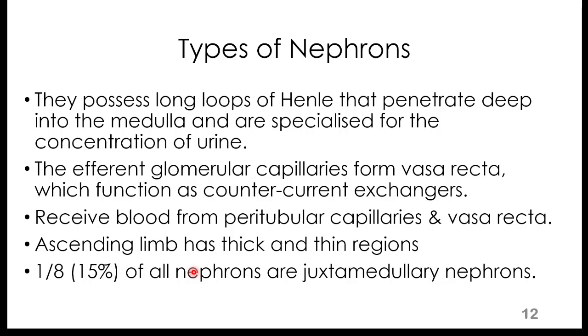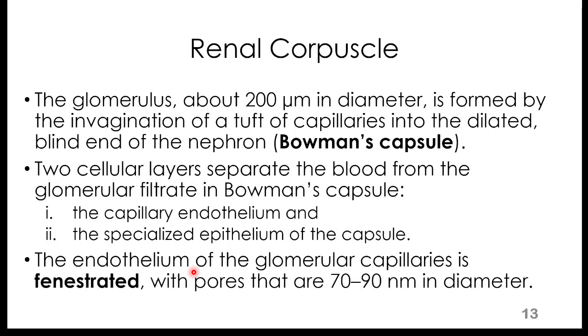The efferent glomerular capillaries form the vasa recta, which functions as countercurrent exchangers. We'll be discussing this in other lectures when we talk about the concentration of urine. All right, so they account for about 15% of all nephrons.